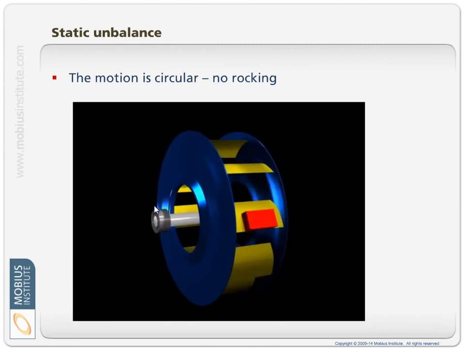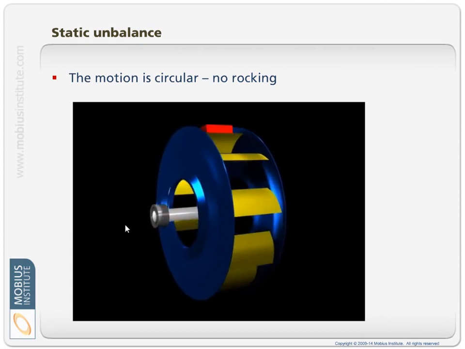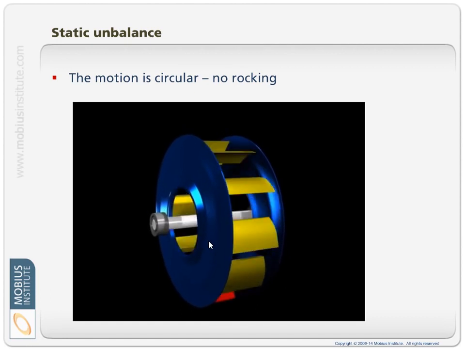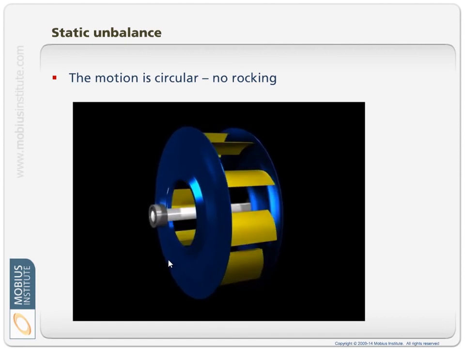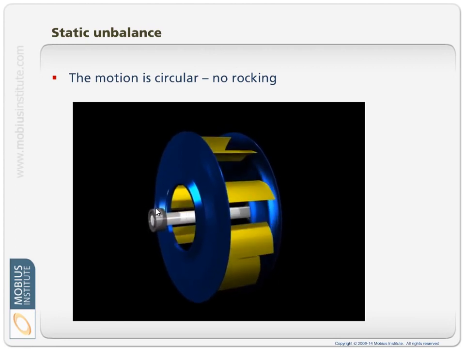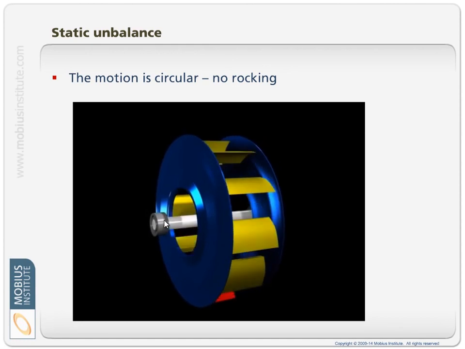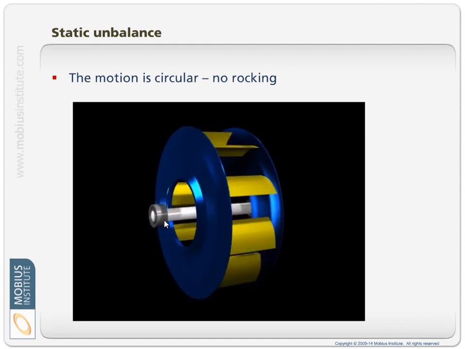So if you look at it, it comes out to the side, then up to the top, then out the other side, then down the bottom, then this side, up the top, and so on. There's a phase timing relation. If we could compare the vibration vertically to the vibration horizontally, we would see 90 degrees phase change.